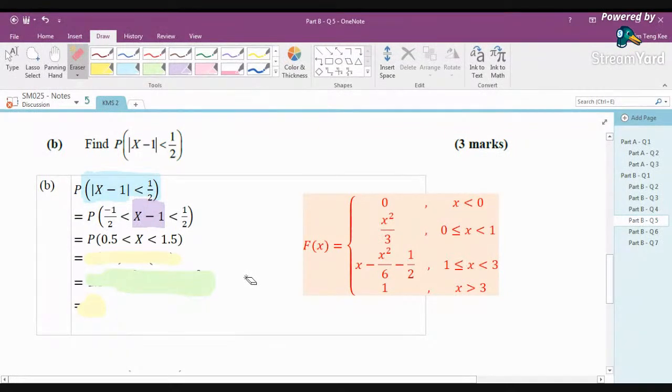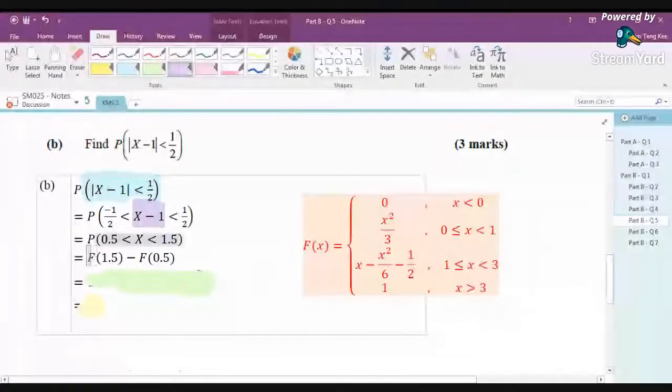Up to here, if I want to use the cumulative function to solve this case, what I need to do is use capital F of the value at the back, 1.5, minus capital F of the value in front, which is F(1.5) minus F(0.5).